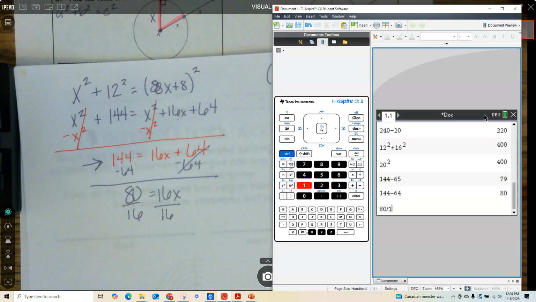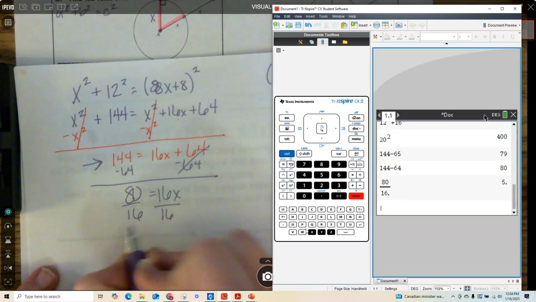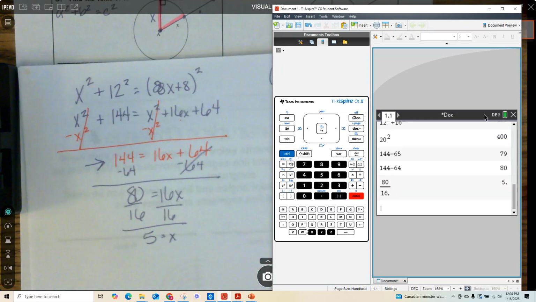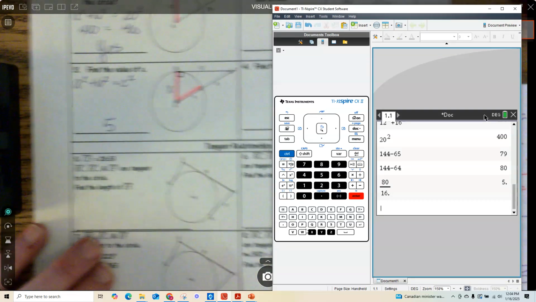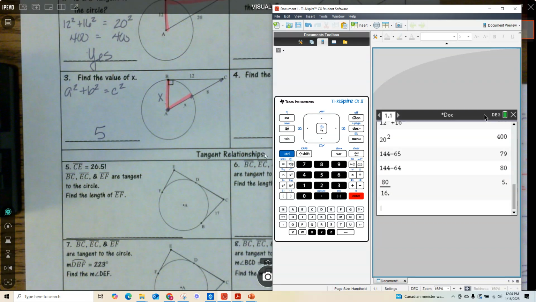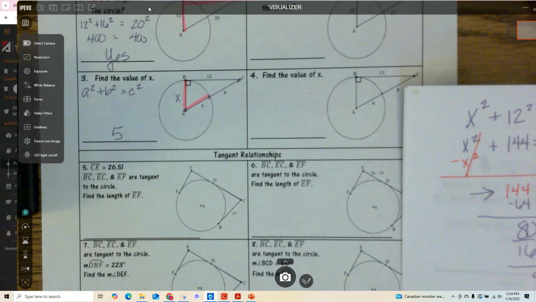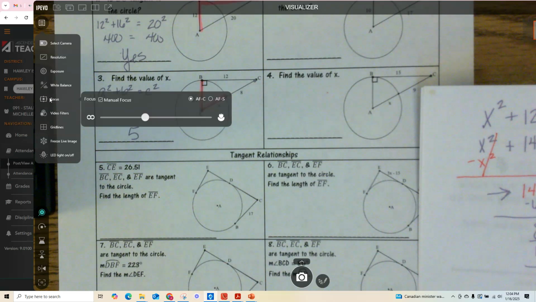But we've got to start getting away from that. 80 divided by 16 is 5. And so that's the value of x. They get more complex. There's not any in this one that are harder than that, but you do have to do one by yourself. Sorry, this is getting blurry again.